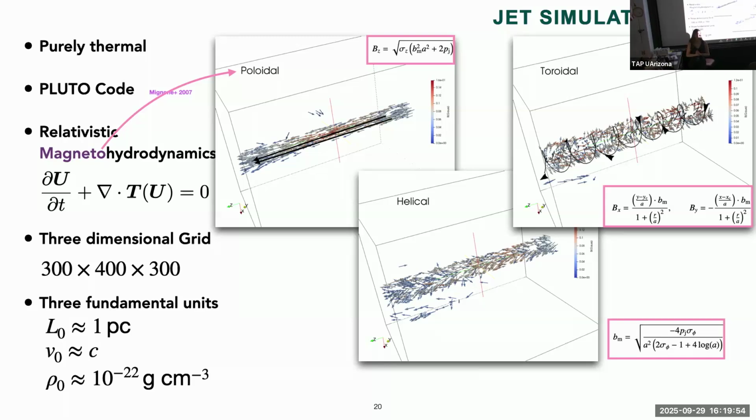From the comparison you showed to the data, it seemed like a lot of them have a toroidal magnetic field. Is that the story for all these AGN, that they seem to have a toroidal magnetic field? Do any not do that? Good question. I think we just picked by chance.